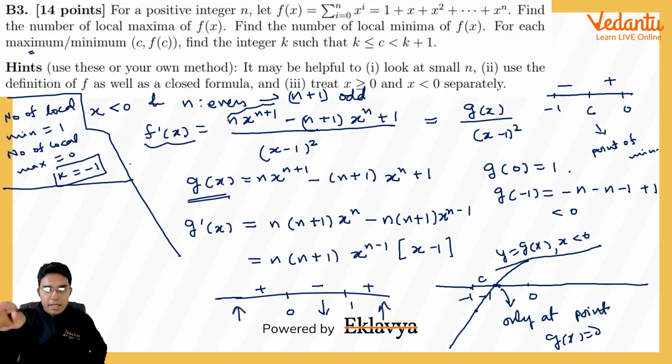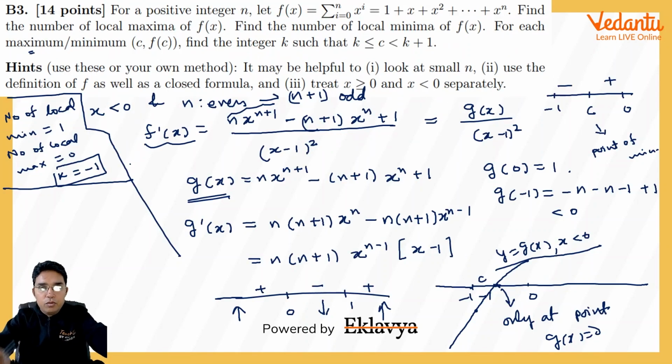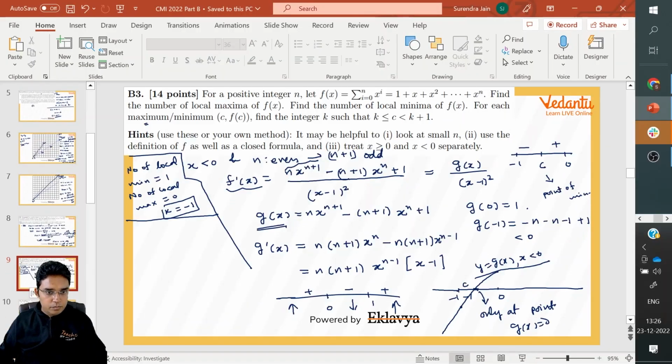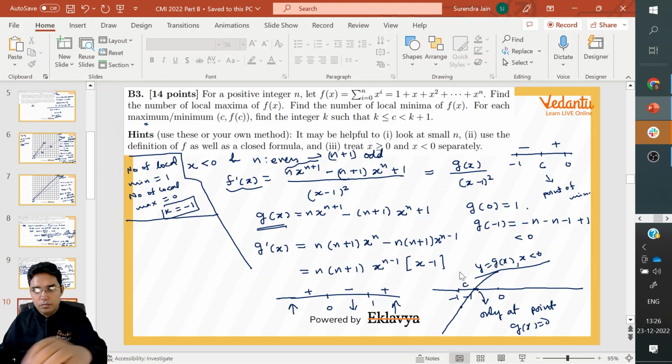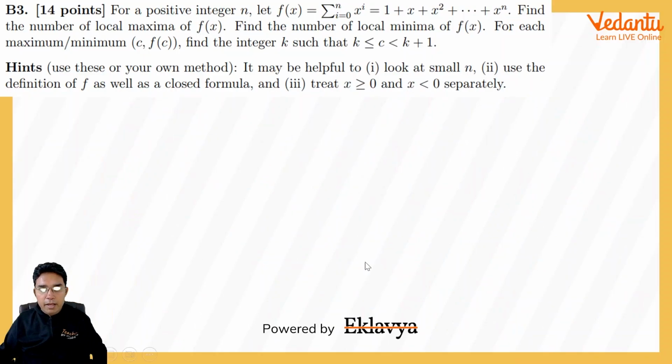In fact, they have said you can start with taking a smaller value of n. So let me show you if you could have done that also. This will give you an idea.